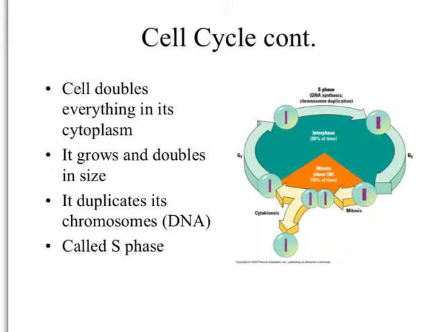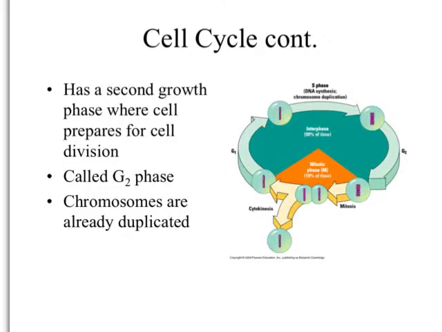So when the cell is growing and doubling everything in it, it's what we call the S phase of the cell cycle. And that's seen right here. So the S phase is when the DNA synthesis and chromosome duplication occur, as well as duplicating everything else in the cytoplasm.